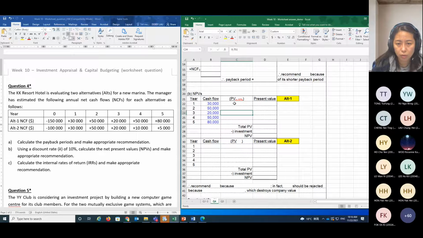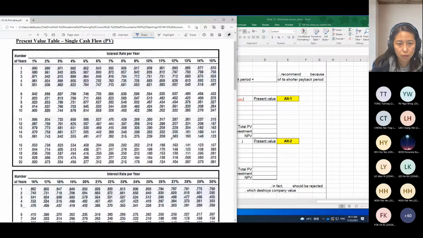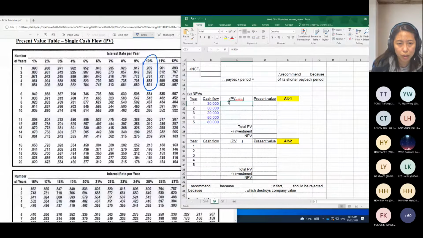Do the calculation with PV table. Okay, so go back to your PV table. 10%. Okay, for 5 years, you have to copy this discount factor to your answer.